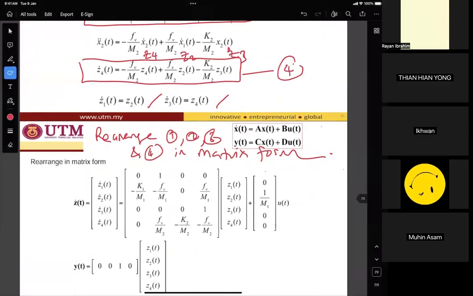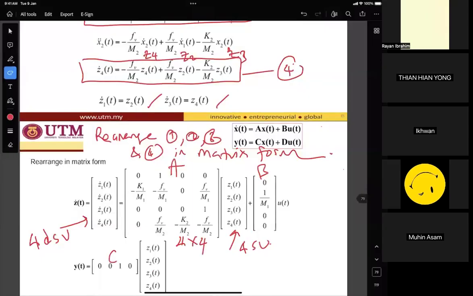So you can see that we have 4 derivative state variables, 4 state variables, and matrix A, B, and C. It's a 4 by 4.